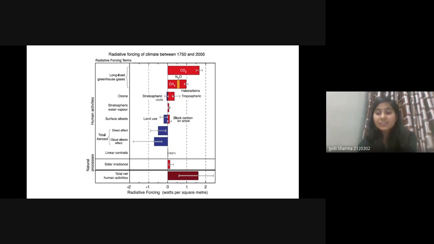Each of the other gases has a very minimal contribution because these gases may be in very low quantity. Most of the time we are releasing carbon dioxide into our atmosphere. That's why human activities give you the major chunk of this carbon dioxide, and that's why the positive radiative forcing.